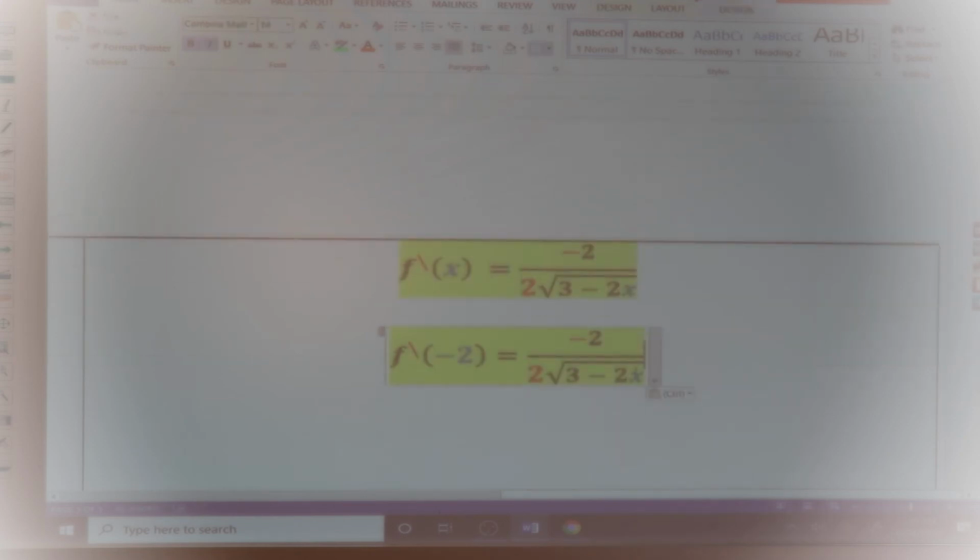What you have to do is take this guy and replace the x by -2.